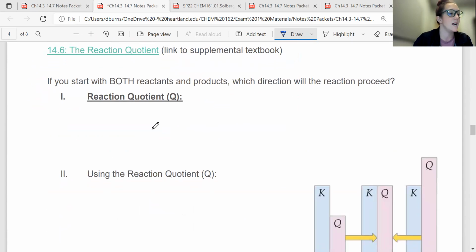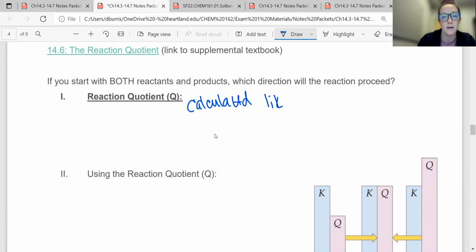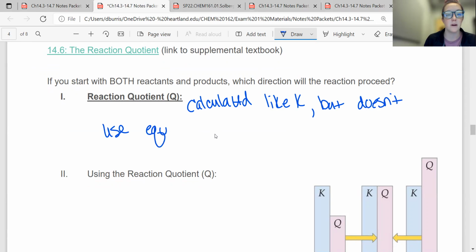How do we figure that out? We calculate what's called the reaction quotient. The reaction quotient is calculated just like K, but it doesn't have to use equilibrium concentrations.